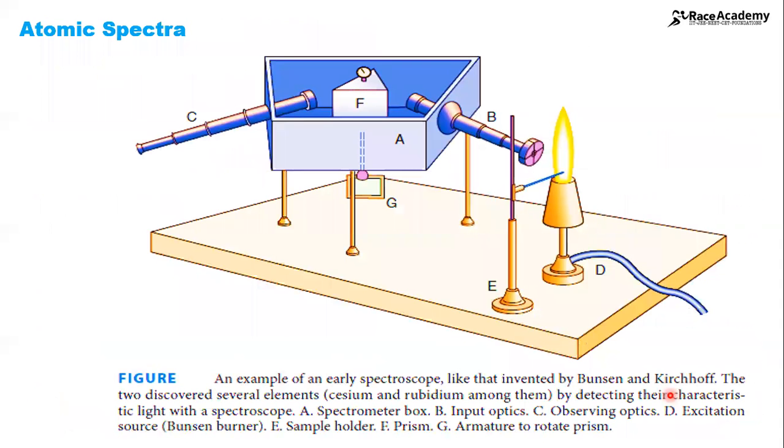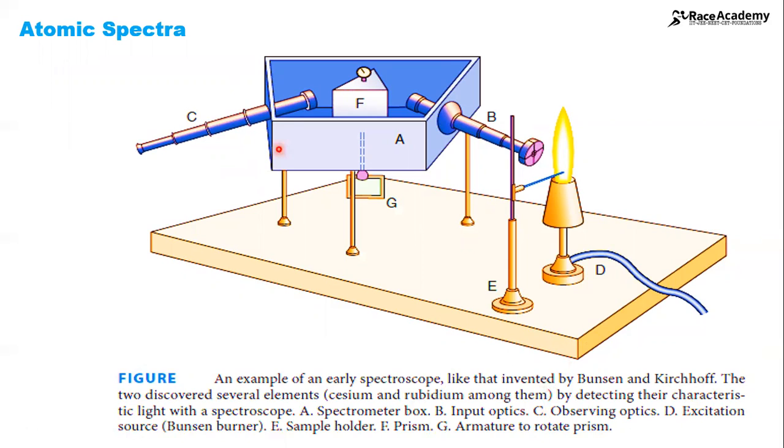Now we can see a pictorial representation. It is a diagram of an early spectroscope like that invented by Bunsen and Kirchhoff. The two discovered several elements, like cesium and rubidium among them, by detecting their characteristic lines from a Bunsen burner source.